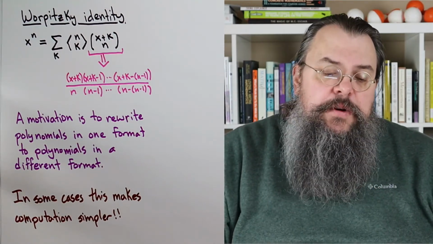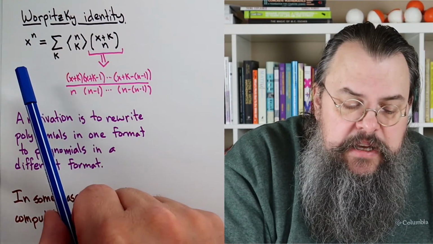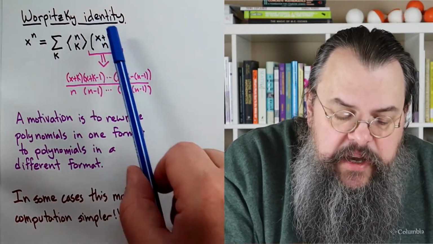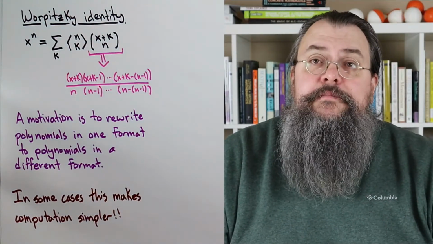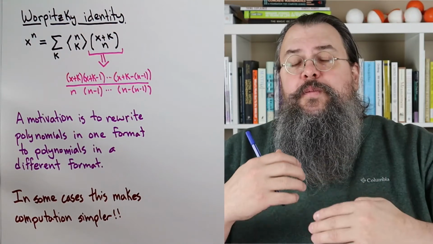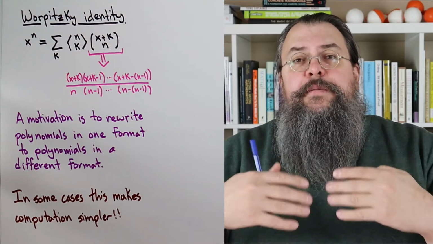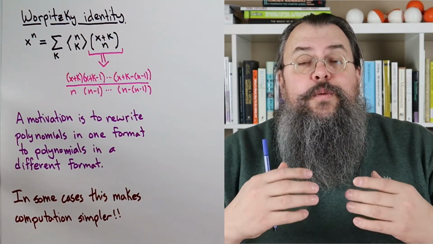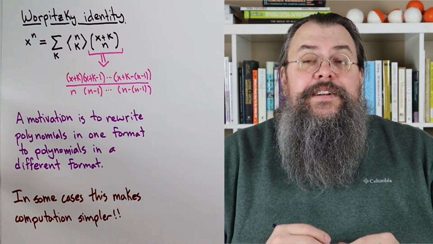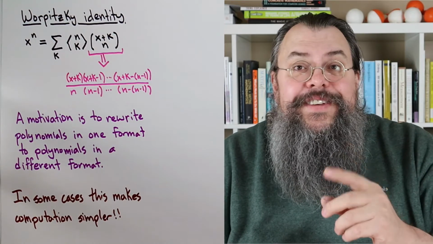In some sense, let's rewrite this power of x as something that behaves like a binomial coefficient. Perhaps when we express it in terms of these binomial coefficient looking things, we get a much simpler operation. And it turns out there is.